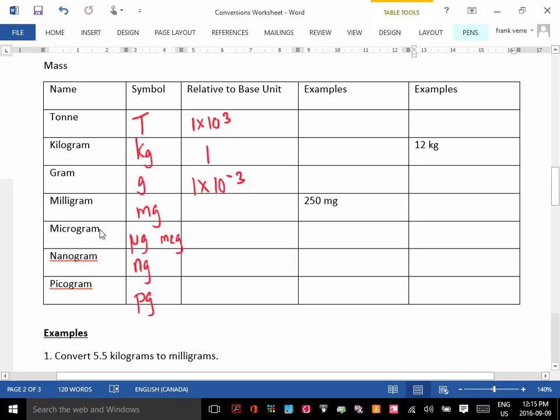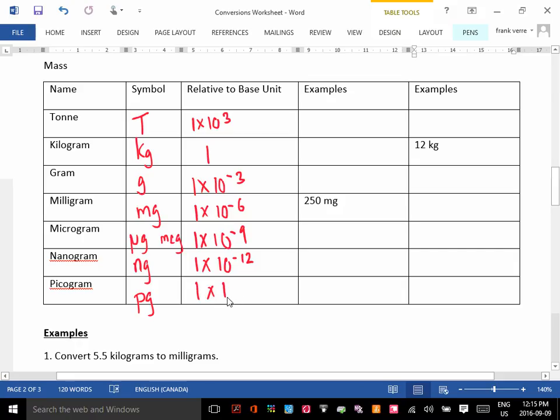A milligram is 1,000th of a gram, so that would actually be 1 times 10 to the negative 6 kilograms. A microgram is 1/1,000,000th of a gram, so that would be 1 times 10 to the negative 9 kilograms. A nanogram would be, yep, so you see the pattern here, right?